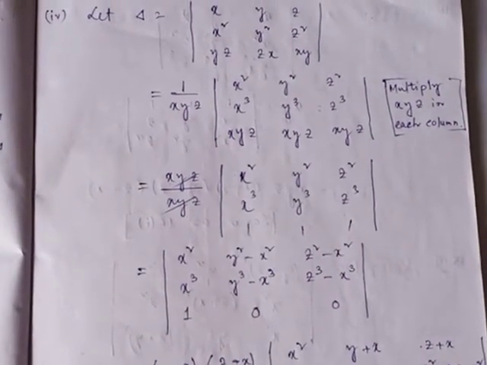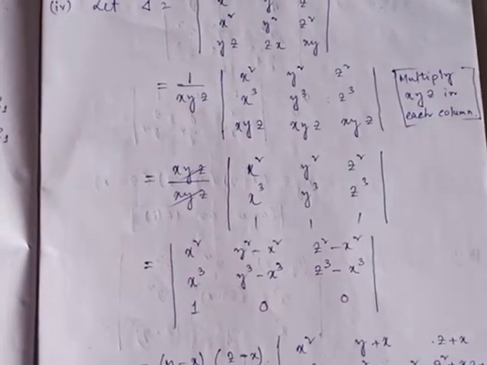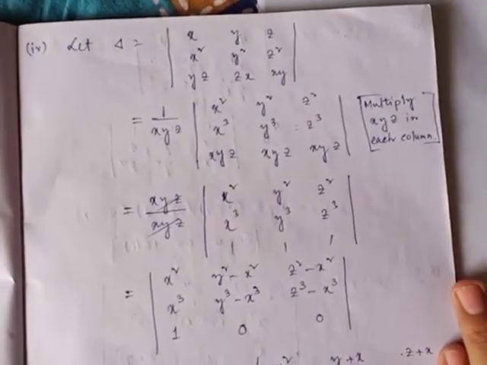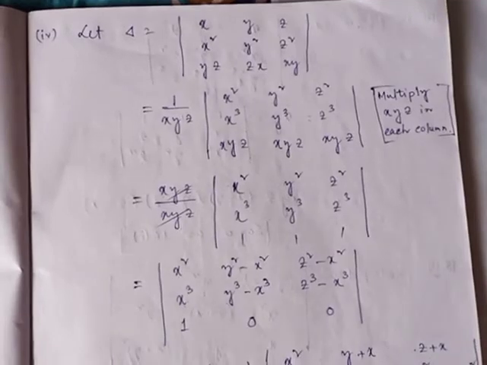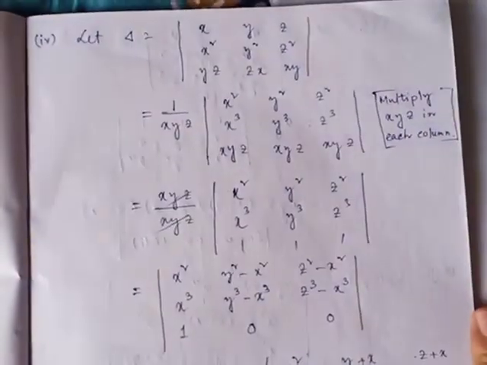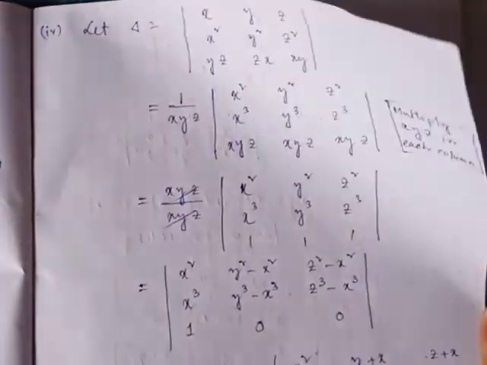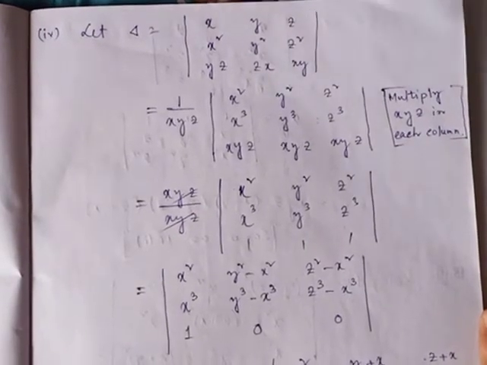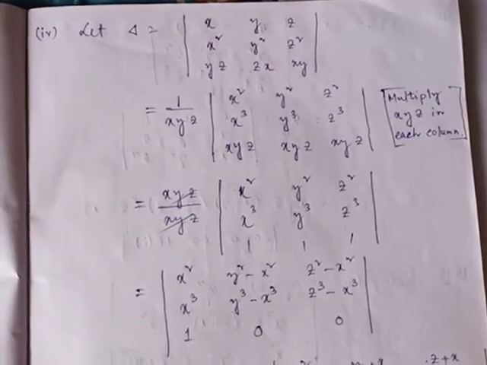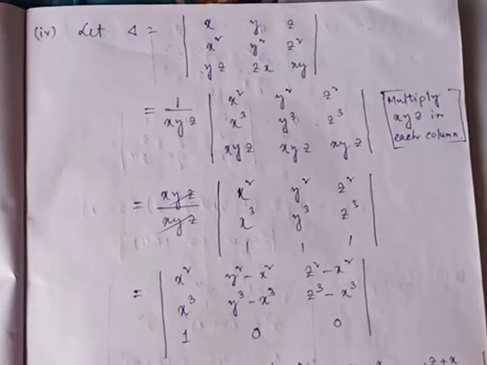Now taking common xyz, we can write xyz by xyz cancelled. Now x square y cube 1, y square z square, x square y square z square, x cube y cube z cube 1 1 1.